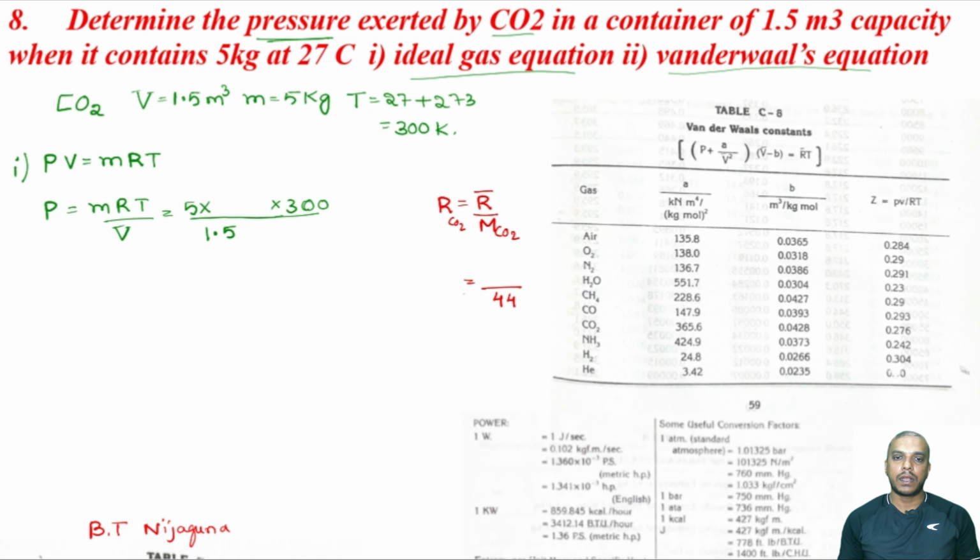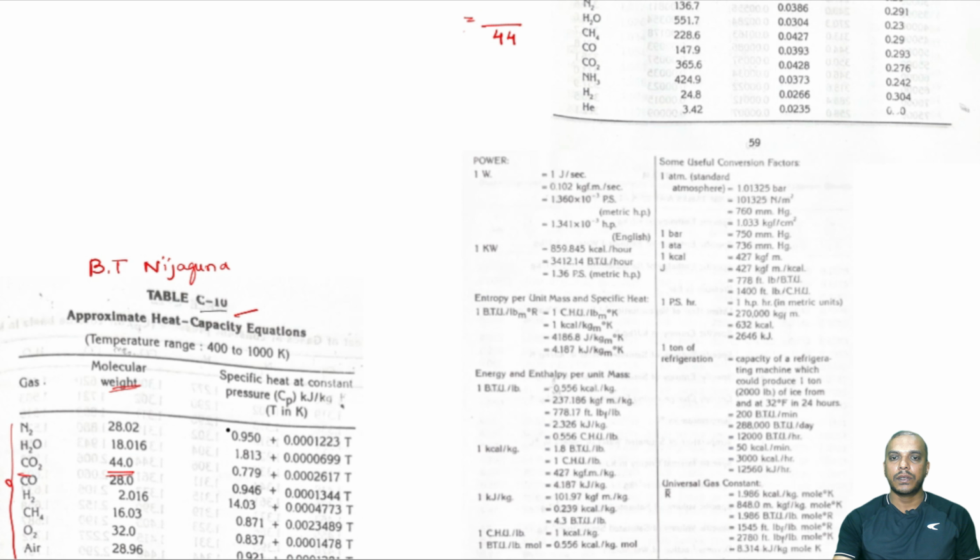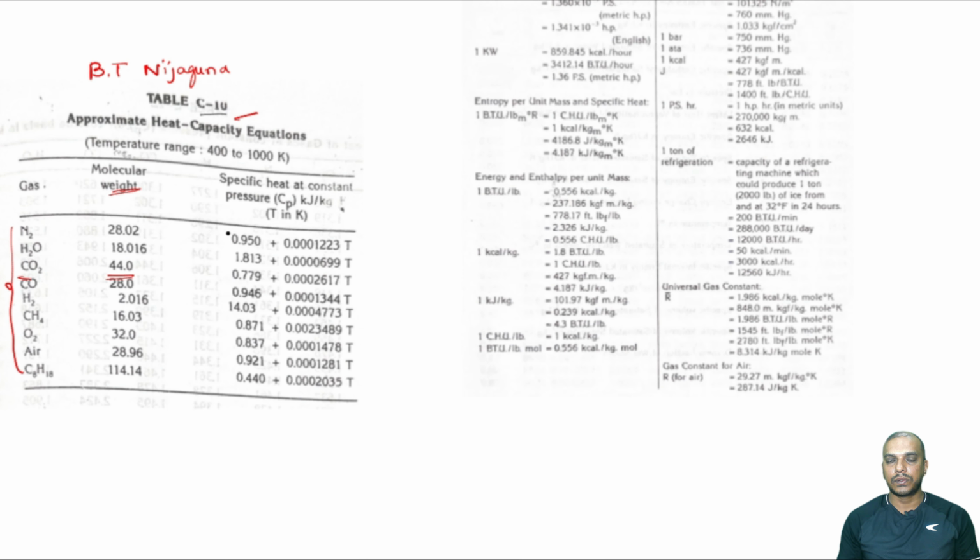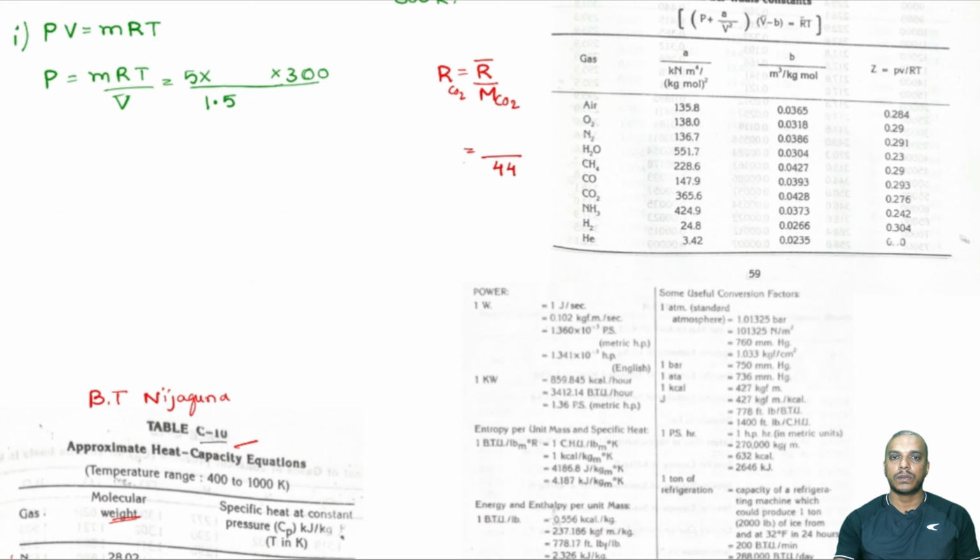And the value of R bar is the universal gas constant. Either you can choose to remember it or it is also mentioned in the first few pages of the same data handbook: 8.314 kilojoule per kg mole Kelvin. I am writing it in joule here, so it is 8314.